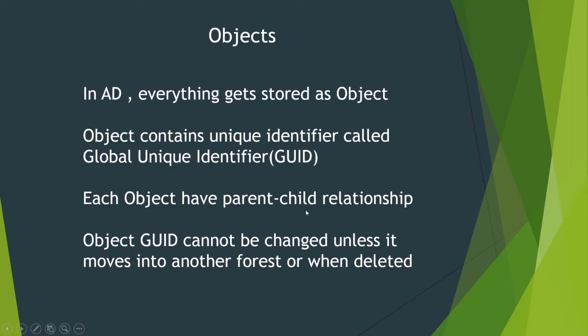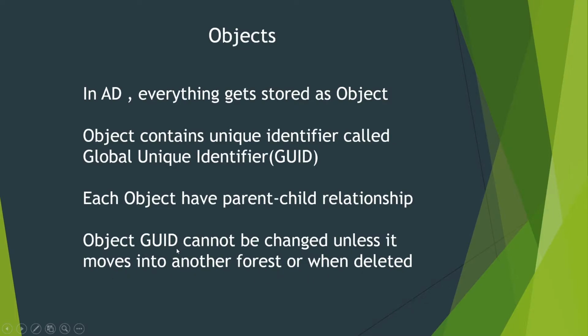And each object has a parent-child relationship. These objects are stored in a hierarchical fashion, like a tree structure. Each object can be a parent to one object and a child to another object. And the object GUID, that is the unique identifier, cannot be changed unless it moves into another forest or is deleted.